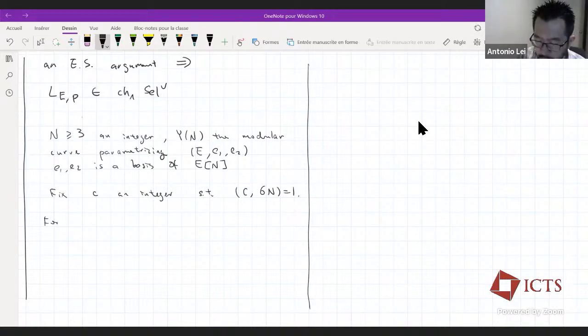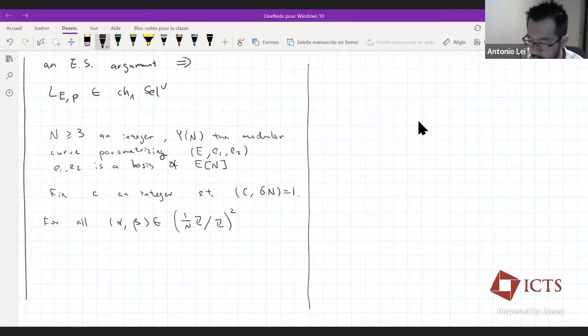Once you have fixed this, you have the following Siegel units. For all alpha and beta in (1/N)Z mod Z, which I want to be not both 0, given alpha and beta and all these choices we have made, we have what we call a Siegel unit, which is a function on the modular curve.